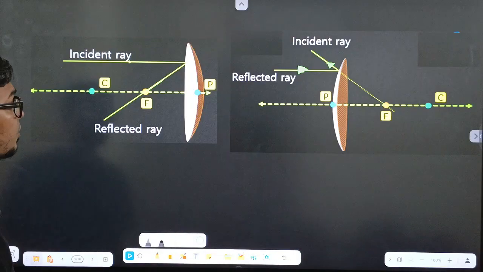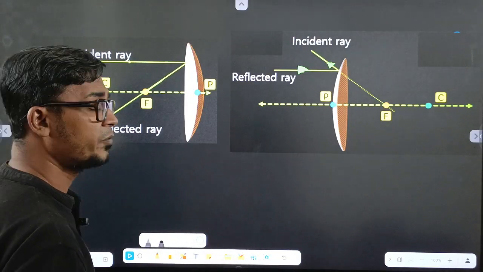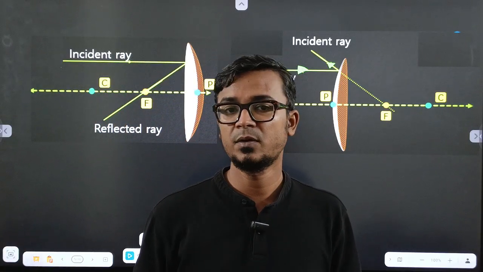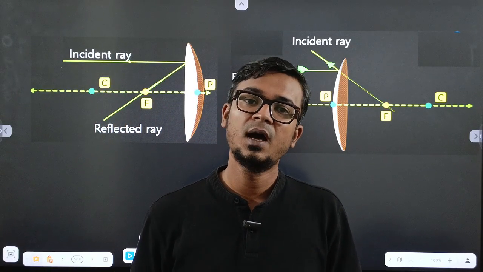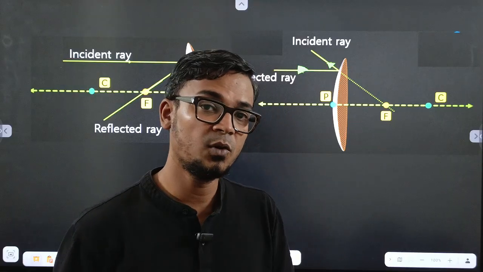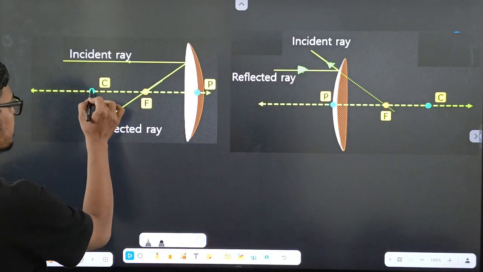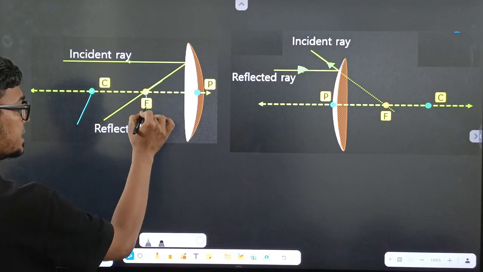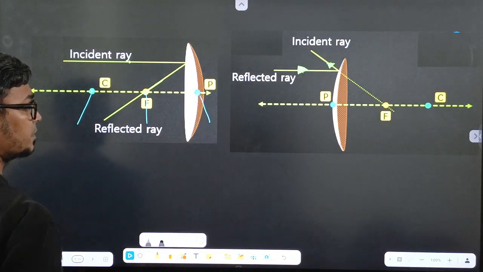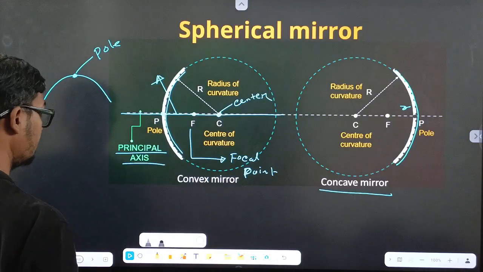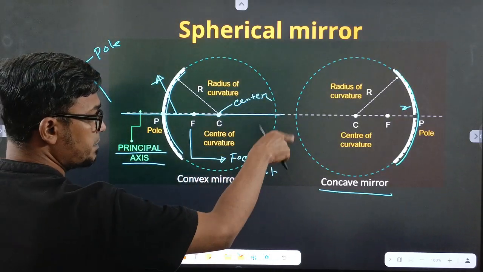So now we'll learn the 4 rules of spherical mirrors to draw an image diagram. Rule number 1. Here, this is the center of the curvature, this is the focal point, and this is the pole. We have discussed all these 3 things in this picture.